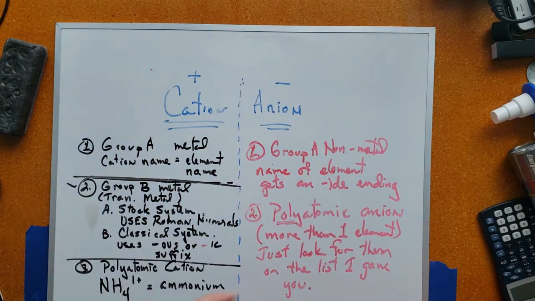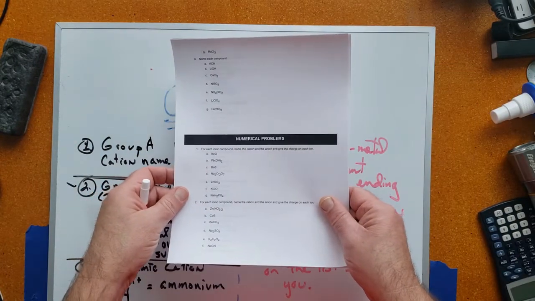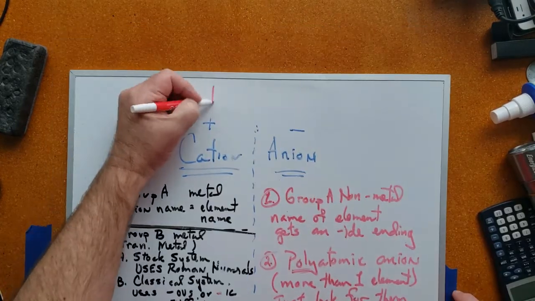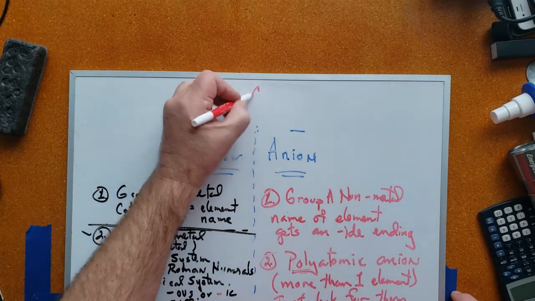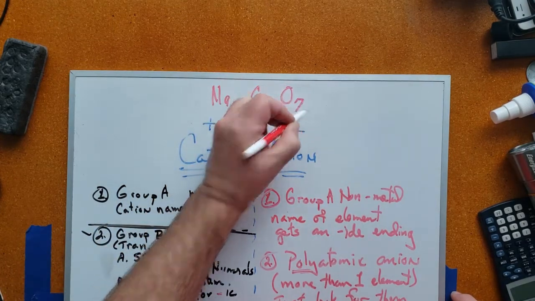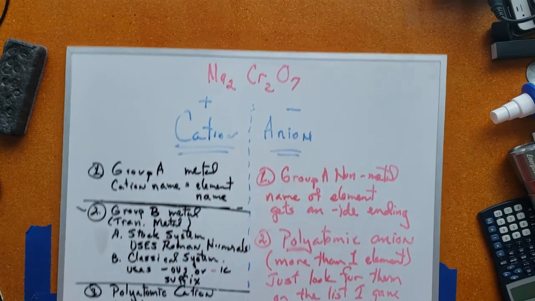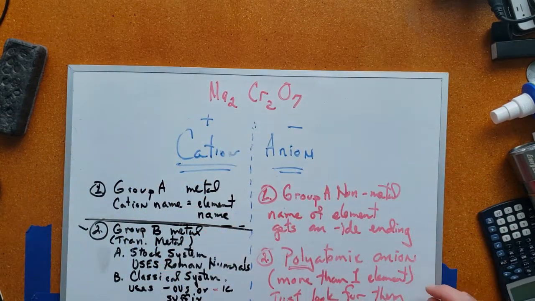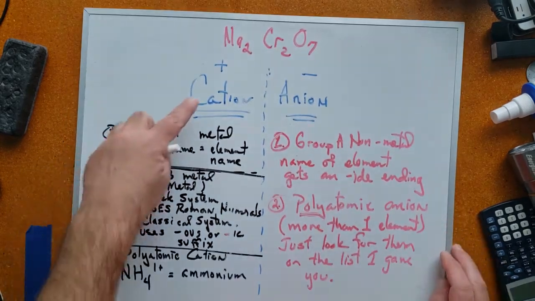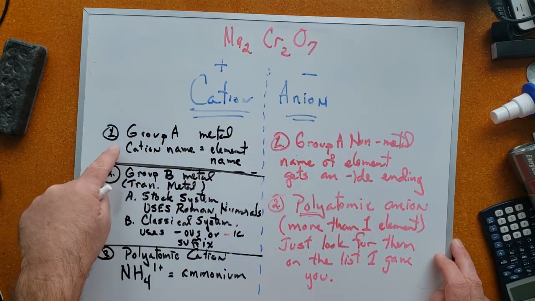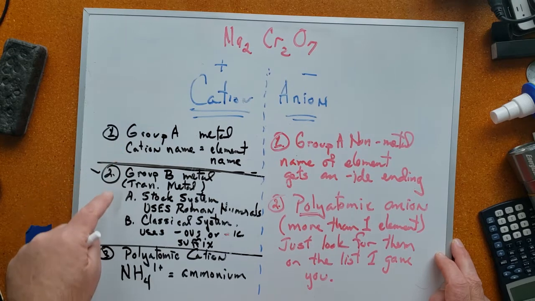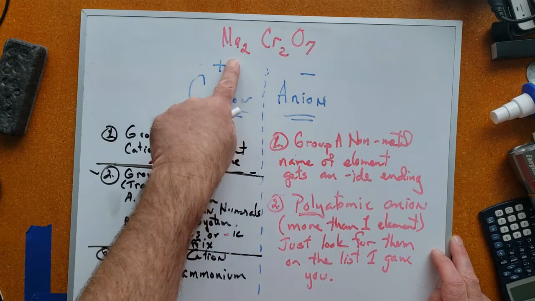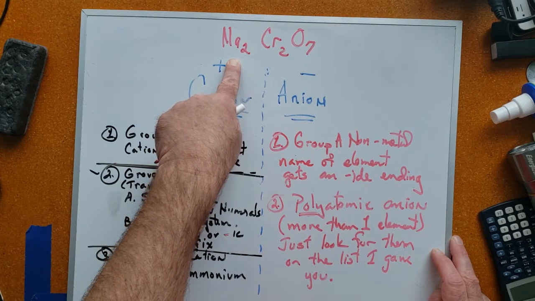What's the next one? Let's go to letter D, Na2Cr2O7. All right. Where do I break this in half into a cation side and an anion side? Well, if you look at all our possibilities for cations, the first ion is almost always going to be a monatomic ion, except if it's ammonium. Now, this is not NH4 out in front, it's just Na.